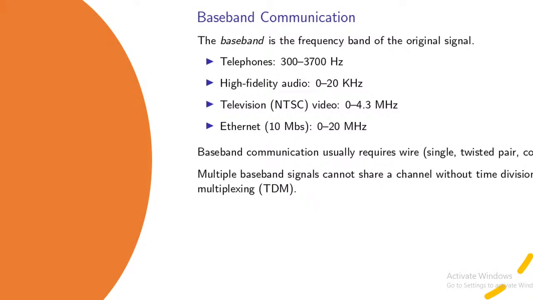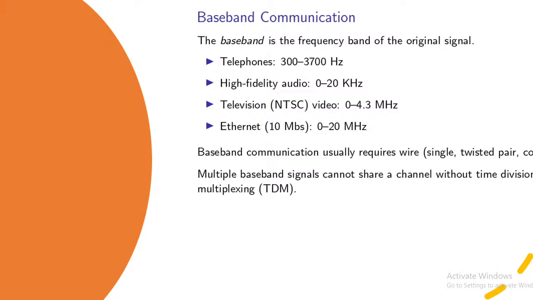For telephones, baseband is 300 to 3700 Hz. High fidelity audio, hi-fi audio, is 0 to 20 kilohertz. For TV, it is 0 to 4.3 megahertz. Ethernet, which we use in internet connections with Ethernet cables: if it is 10 Mbps speed Ethernet, it is 0 to 20 megahertz.